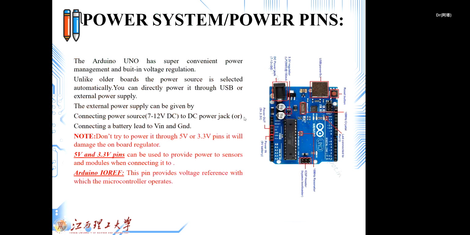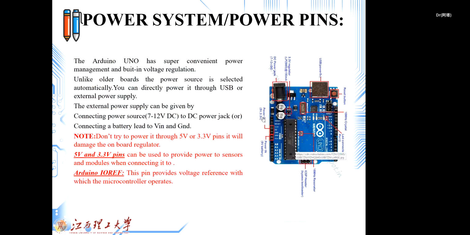Then about the power system, you have some parts which can provide the power for you. One is from USB, one is from this jack, adapter jack. You have power in pins with the specific ground, and you have some power out of 5 and 3 volt output.